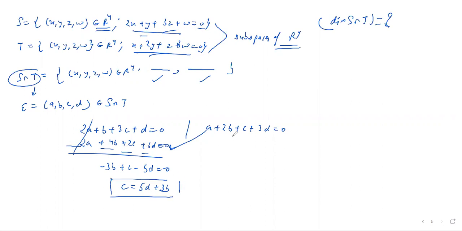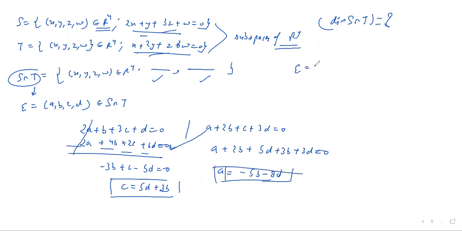By putting this value in the second equation, I got a plus 2b plus 5d plus 3b plus 3d equals 0. Then I got a equals minus 5b minus 8d.